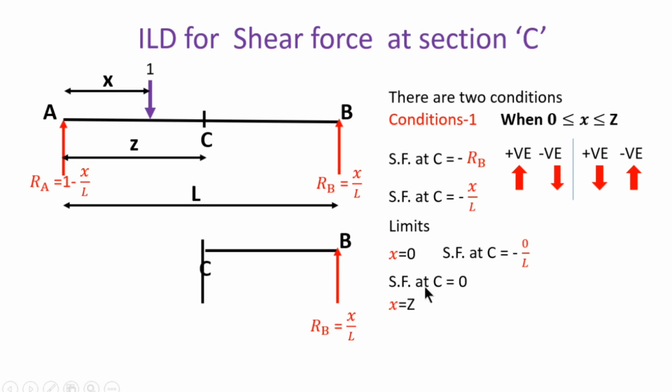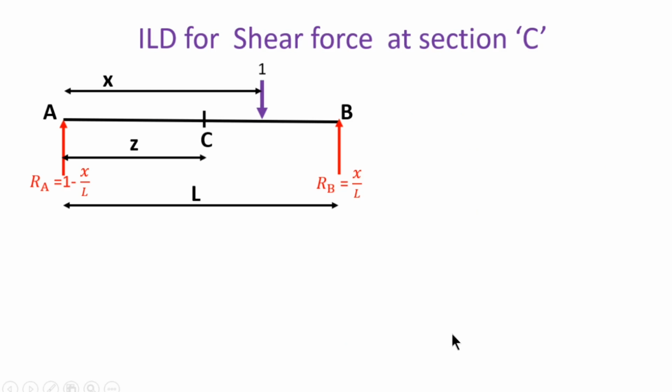The next limit is z, so put here x equal to z in this equation. So shear force at C is equal to minus z by L. So by first condition, when x equal to 0, shear force is 0, and when x equal to z, shear force is minus z by L.